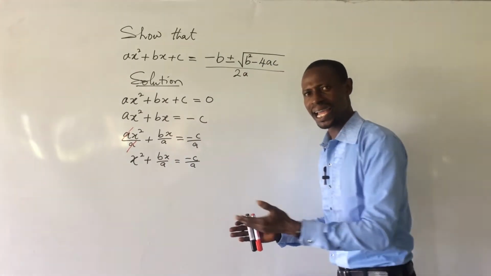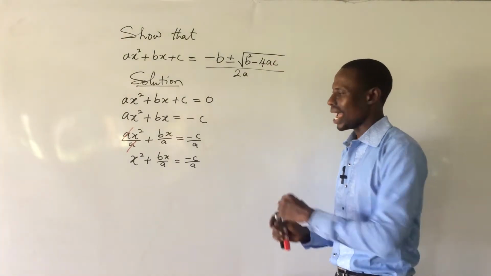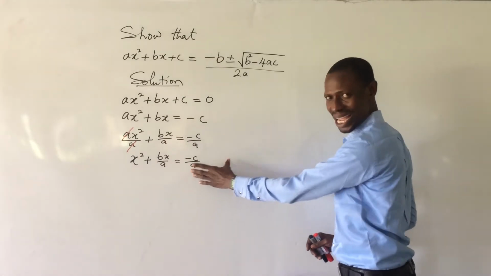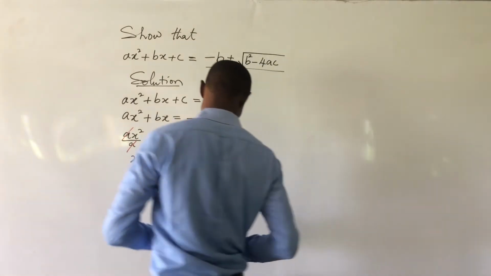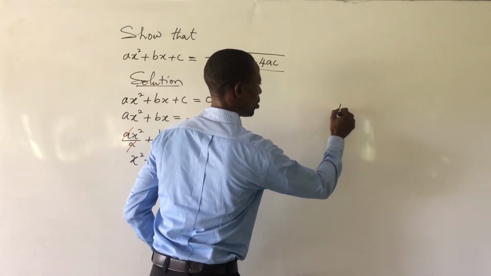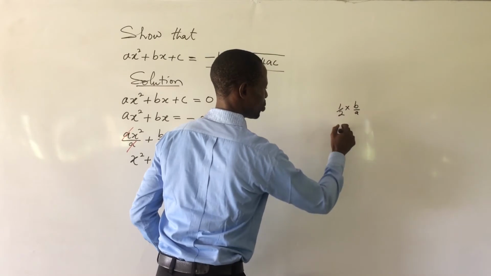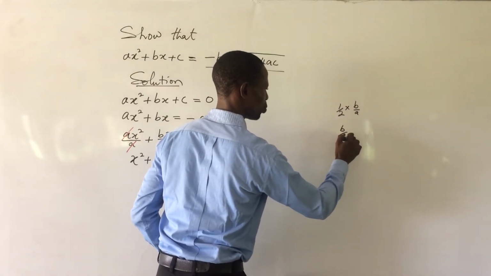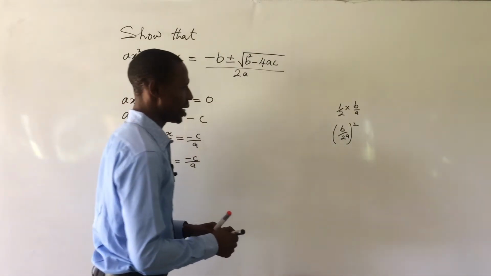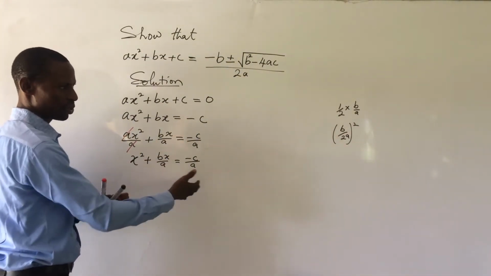So we find half of it, then square it and add it to the left hand side and also to the right hand side. This will give us 1 all over 2 times b all over a, which is b all over 2a. Then square it. So we bring the whole of this and add it to both sides.